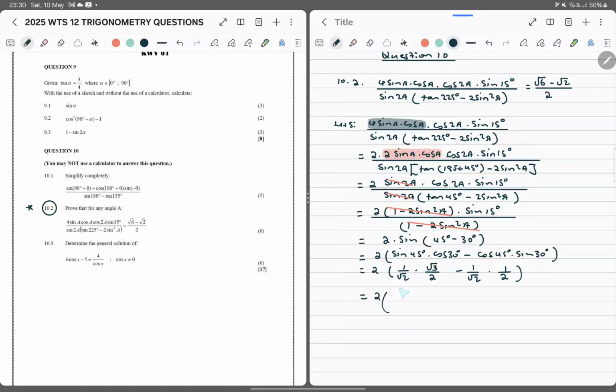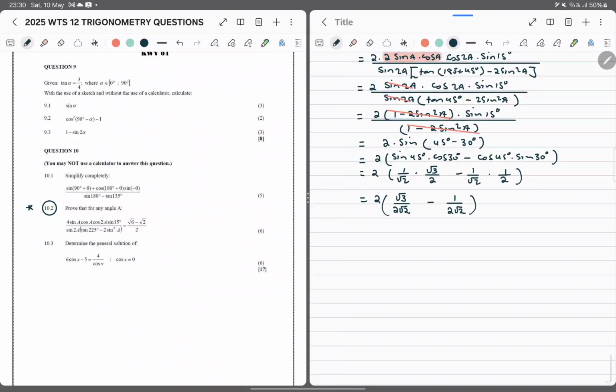So we will have here root 3 over 2 root 2 minus 1 over 2 root 2. Now guys, we deal with brackets first. One can easily FOIL out or just deal with it.